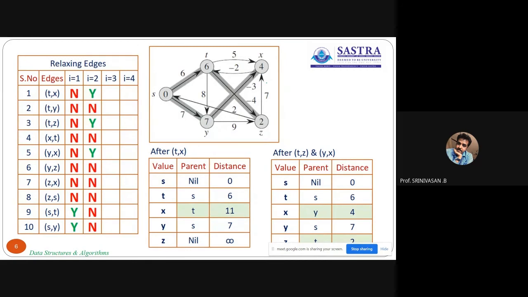That's all. Okay. In the next iteration, again I have to check all the edges. T comma x. Among that, the changes happened for t comma x, t comma z, and then y comma x. So other things are not getting changed. Okay, first t comma x means 6, 5.